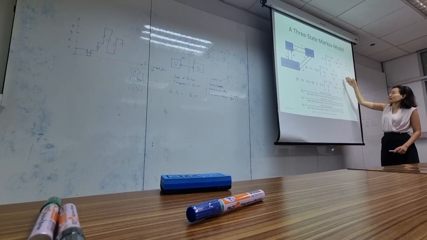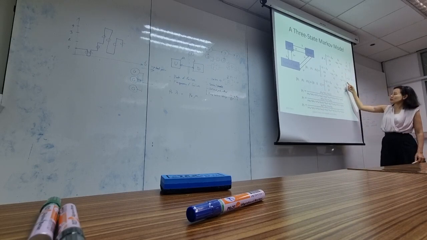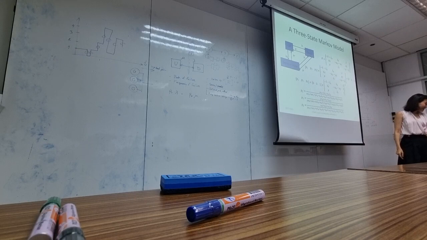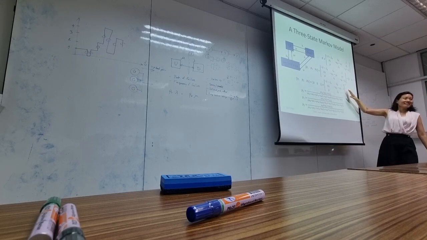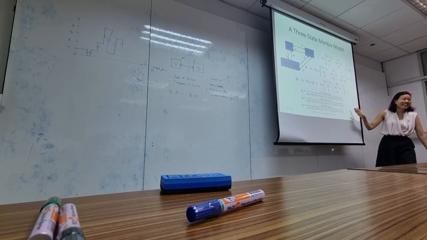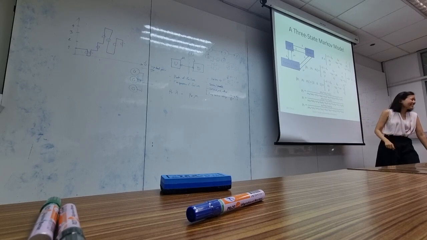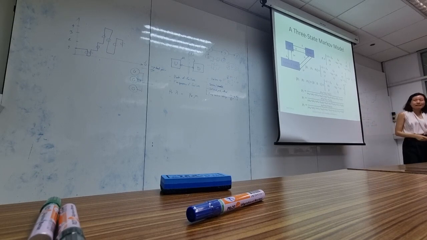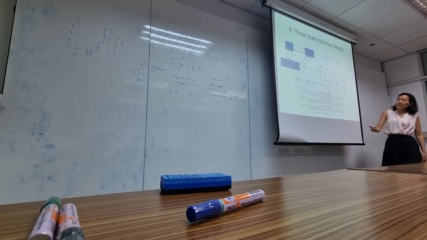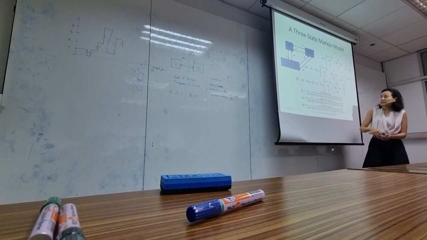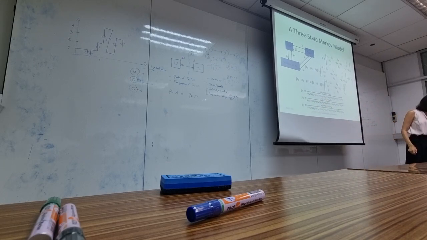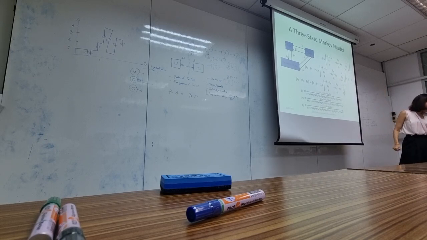So you replace one column with that, and then you invert the matrix. How did I do this? MATLAB. Okay, I'm not doing it by hand. I use MATLAB. So you get the probabilities, and that's how you have this 3-state Markov model.